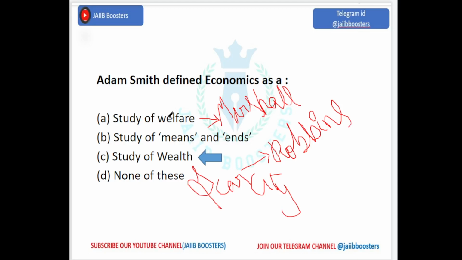Three things: welfare is given by Marshall, wealth is given by Adam Smith, and scarcity is given by Robbins. Just remember these three definitions.